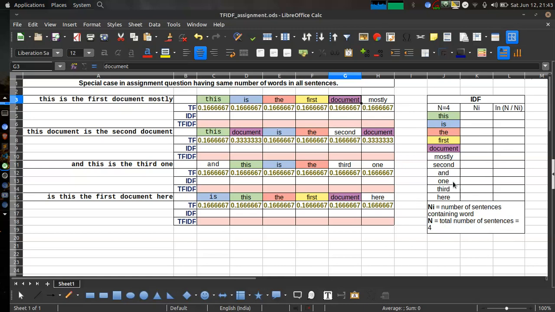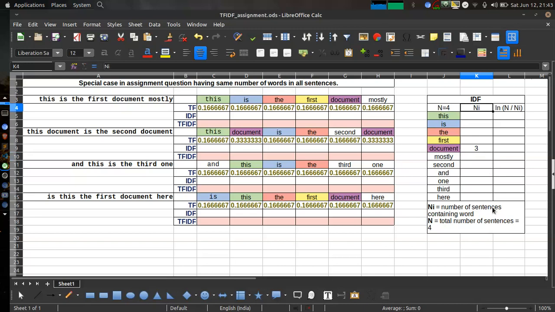So what we are counting is how many sentences are having this word "document". So sentence number 1, yes. 2, yes. 3, yes. So there are 3 sentences in the corpus which are having the word "document", right? So ni would be 3.